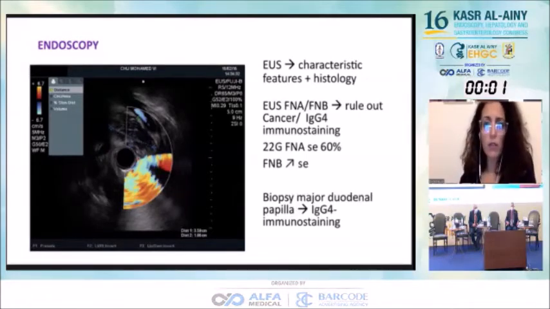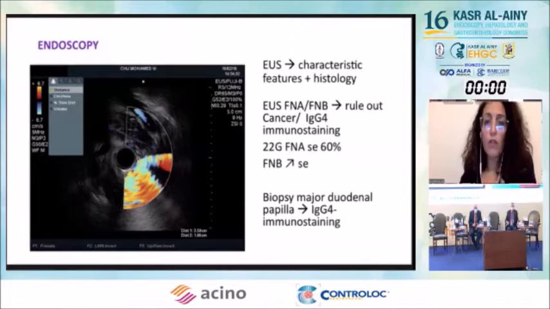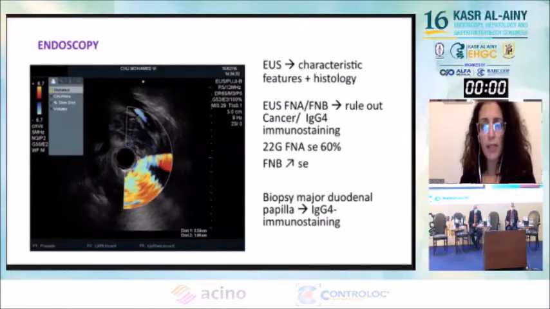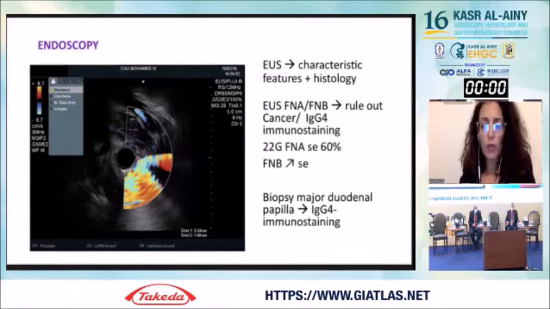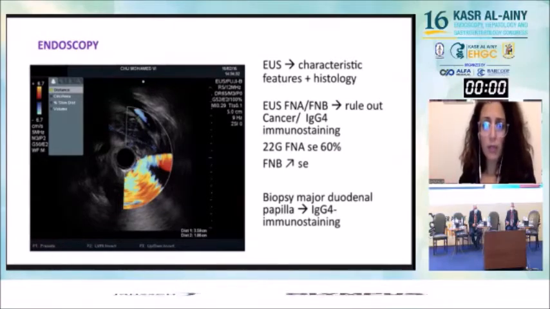EUS is a very fantastic tool. For diagnosis, it's not mandatory to have EUS, but it is indicated when we need histology and tissue sampling. Namely, when we want to differentiate IgG4 pancreatitis from pancreatic cancer, it is mandatory to have histological proof to rule out pancreatic cancer.